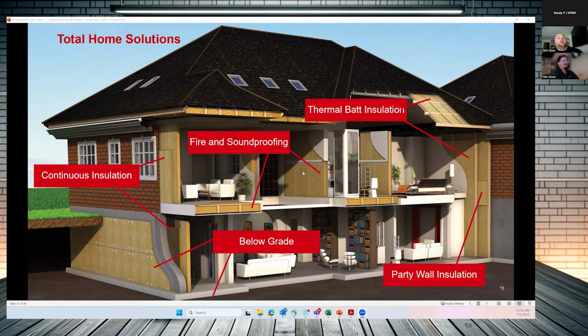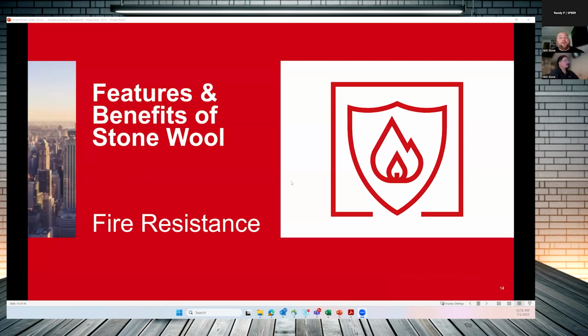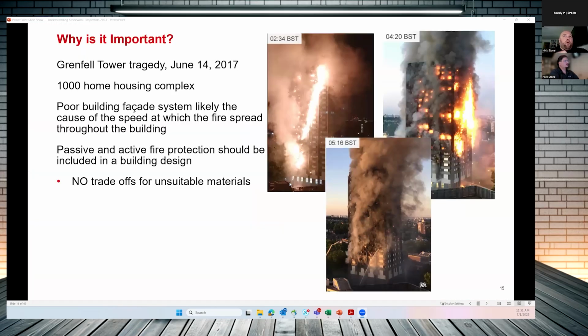Yeah, absolutely. So starting off with our fire resiliency, this is certainly something that's becoming more and more popular, especially with all the fires that we've had out west as of late. When we think about fire resiliency and design of the building, I like to refer to it as an equation.